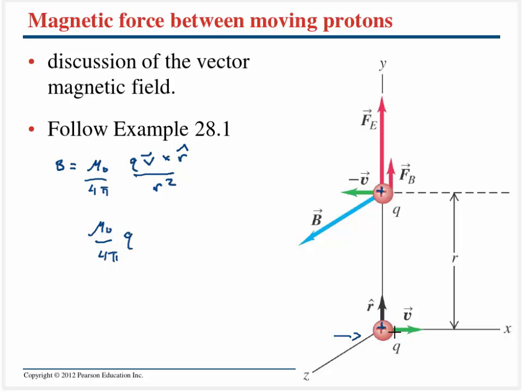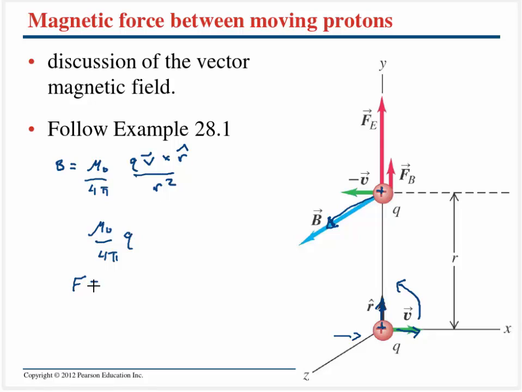Pull the charge out there. Now let's take a look at this velocity crossed with the r hat right there. Here the r hat is going to point in the j direction. If you cross the j into r, you can see that it's going to be in the k hat direction. So that gives us the direction of this field.